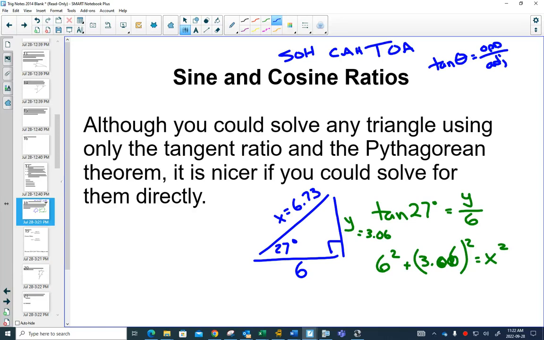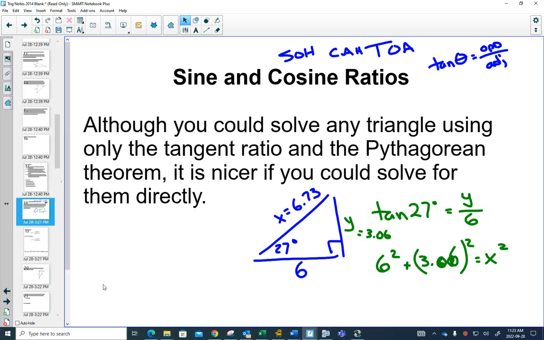But our calculator also has a sine button and a cosine button. So we could solve for x using 6.73, but we're going to find out that sine and cosine also have definitions. What do you think the A stands for and the H stands for in the cosine one?